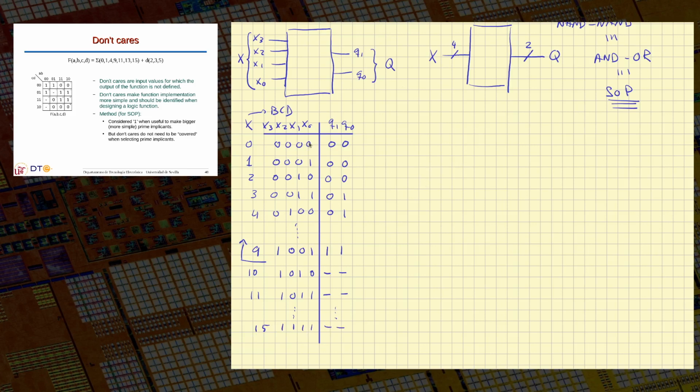And from here, we should go and extract the kernel maps. Okay, with the truth table, we can go and extract the kernel map for Q1, the kernel map for Q0. It will be by using a truth table first.